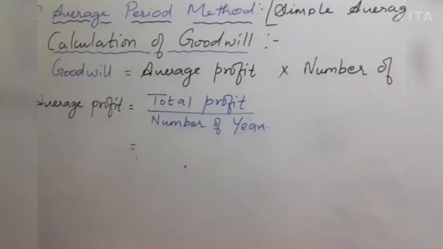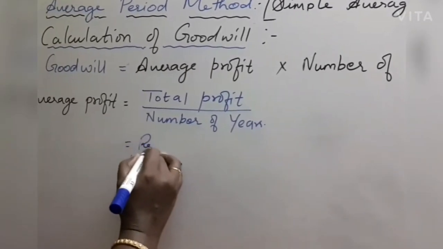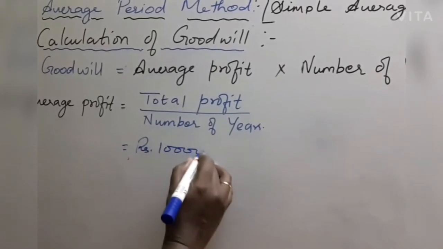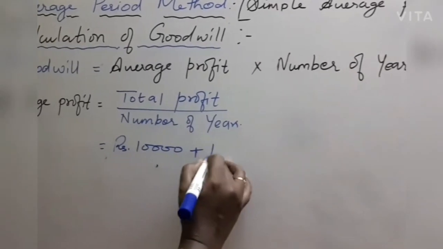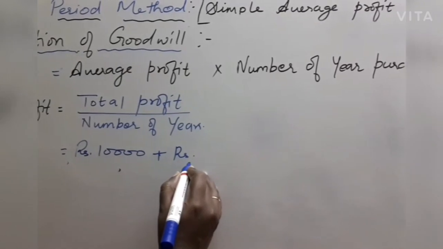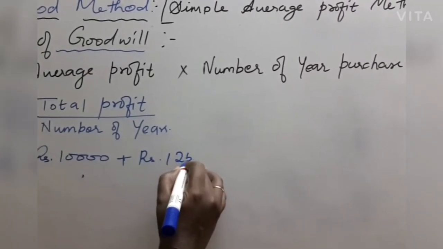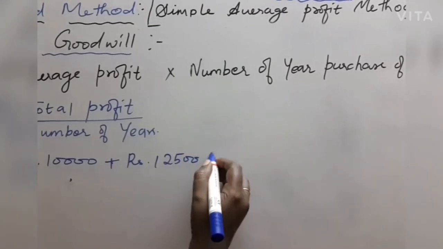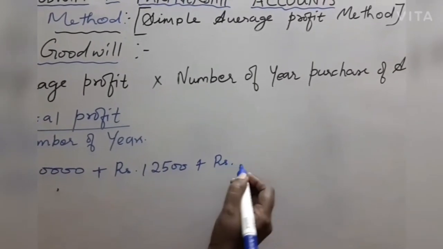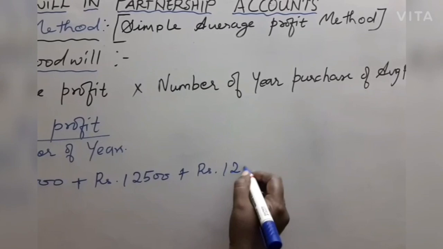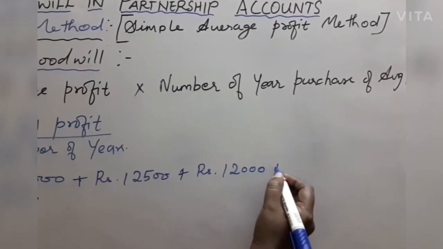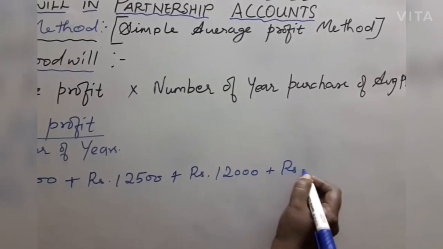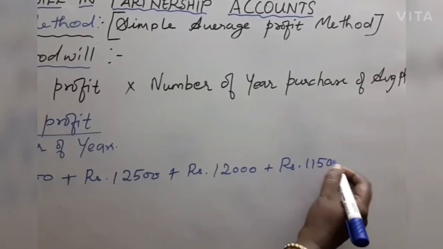You got me, students? So the first year you are having rupees 10,000 plus second year you are having an amount of 12,500. Third year you are having an amount of 12,000. Fourth year you are having an amount of 11,500.